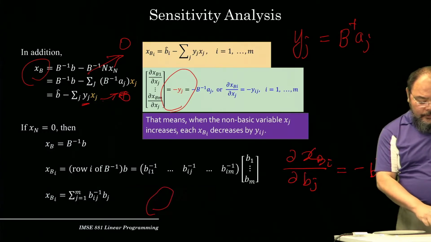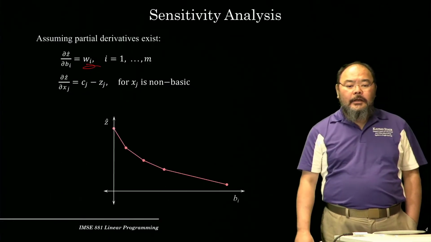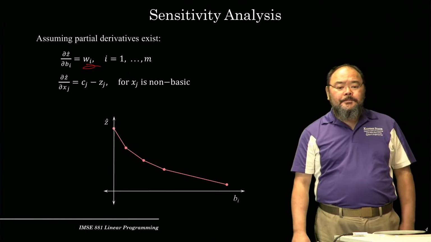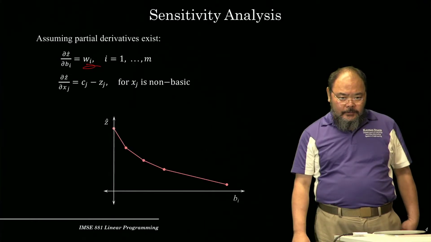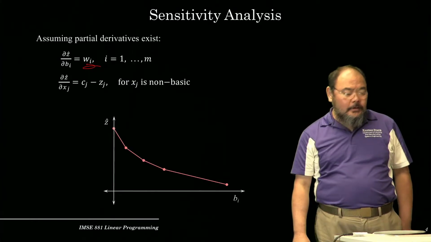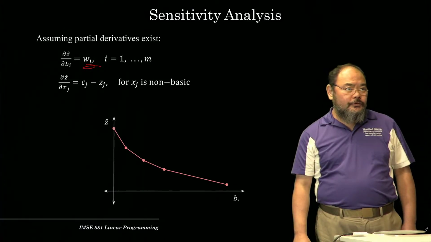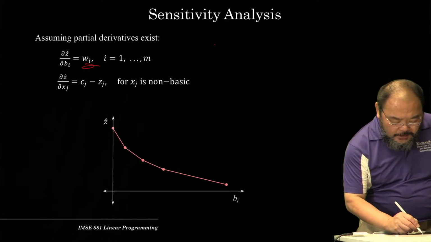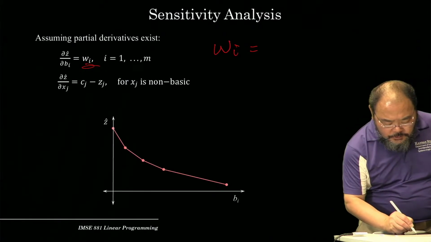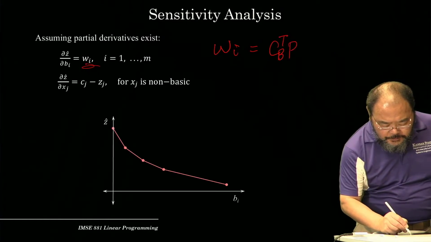Let's review the last slide we have. If I change the right-hand side of the i-th constraint, the amount the objective function improves is based on omega i, where omega i equals CB transpose times the i-th element of B inverse.